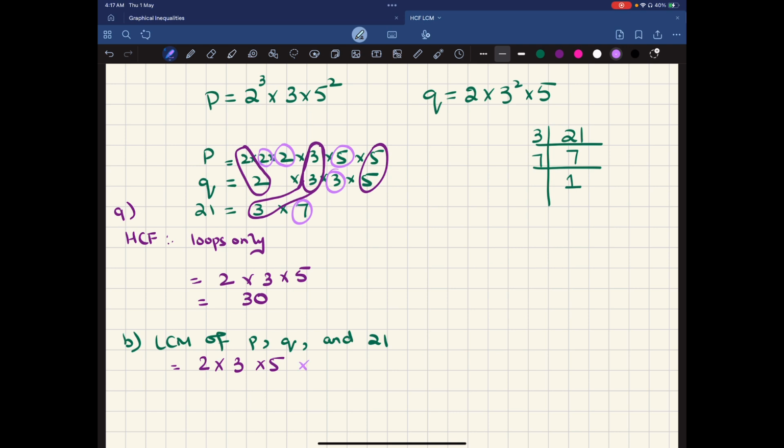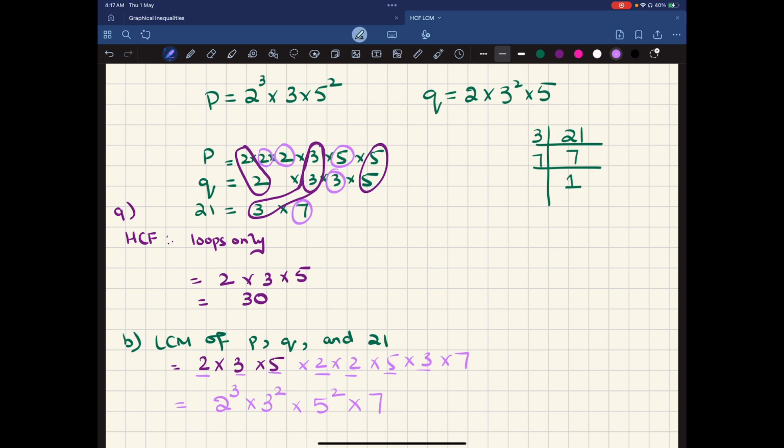So we are going to have 2 into 2 into 2 into 5 into 3 into 3 into 5 into 7. So 2 raised to the power 3, 3 raised to the power 2, 5 raised to the power 2 into 7. This is going to be your LCM: 2 cube into 3 square into 5 square into 7.